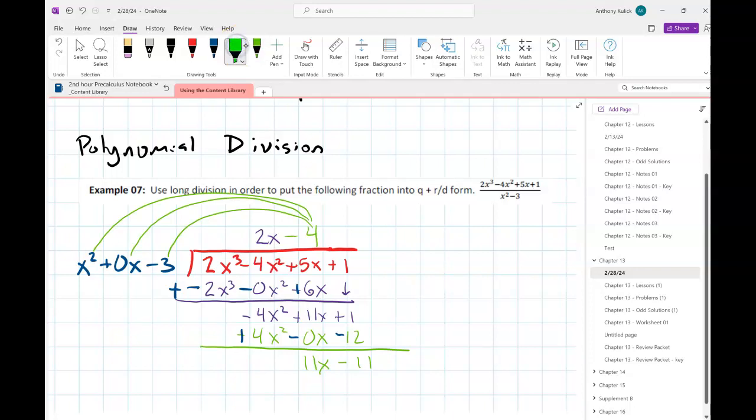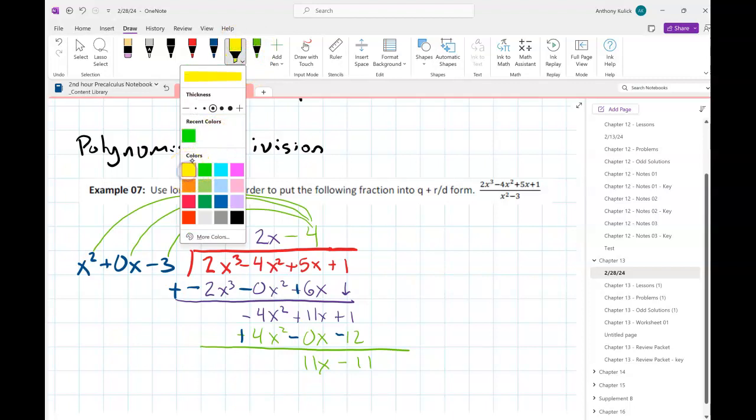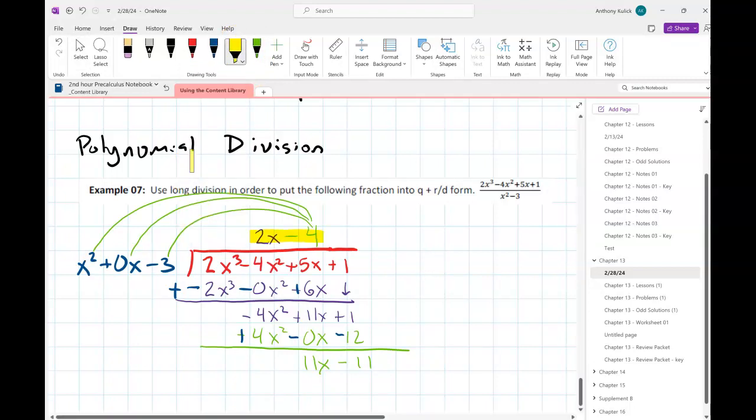Notice in my quotient here at the top, I just did the constant, right? Will there be any more division that I can do once I got into the constant? Nope. What does that mean for all this stuff down here? That is the remainder.